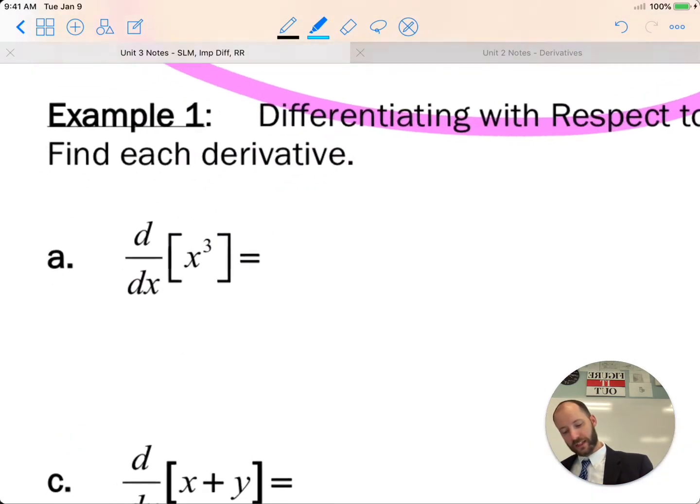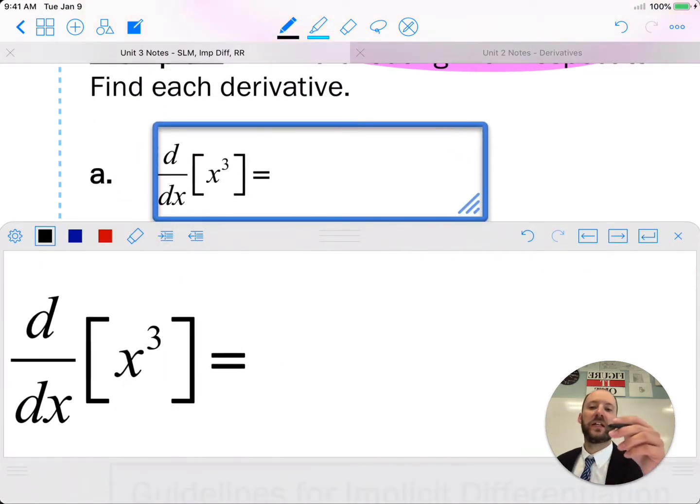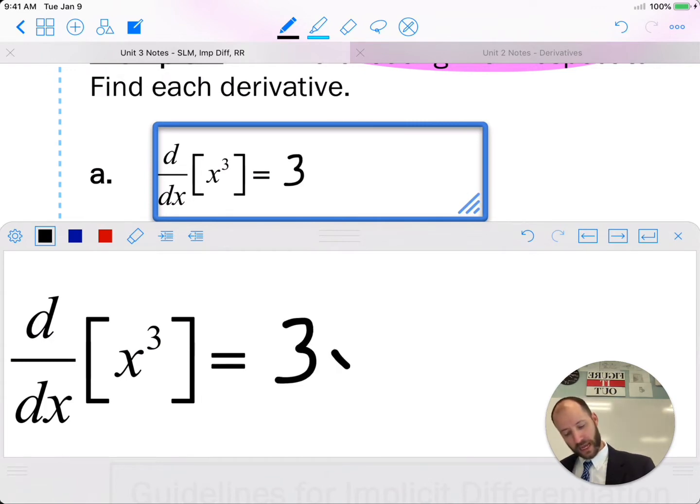So let's look at how this plays out with something we are used to, the derivative with respect to x of x cubed. So you know the power rule, 3 comes down, decrease the exponent by 1, so 3x squared.